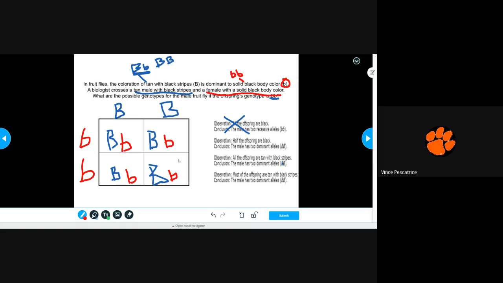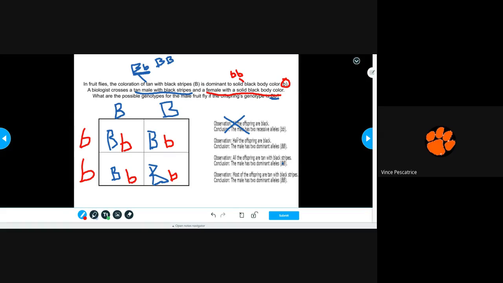All right, now that we have this done and we're able to eliminate this one, it really opens up the problem for us and makes it easy to solve. So we can go through and solve that. Half the offspring are black. All right, now looking at this, we all have heterozygous, which would mean that the offspring would be tan with black stripes. Now, there are no homozygous recessives to show that they would be solid black body color.